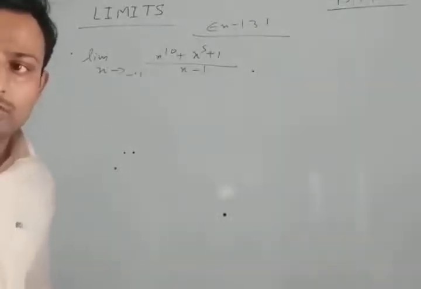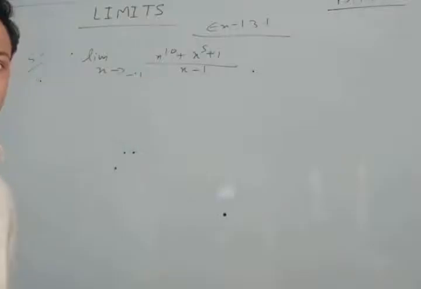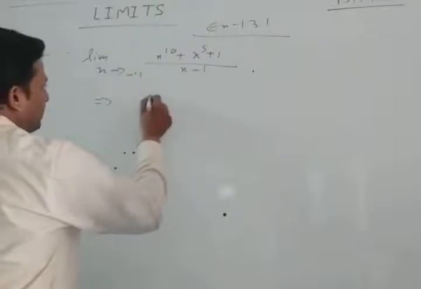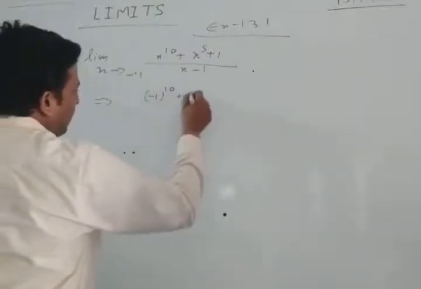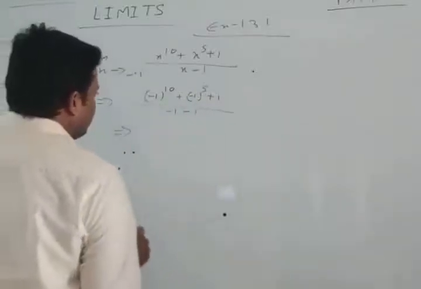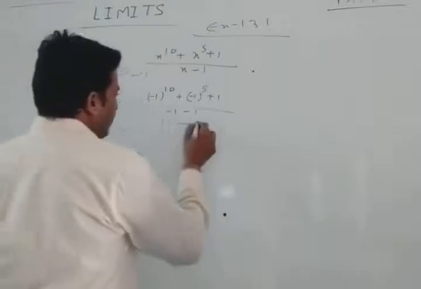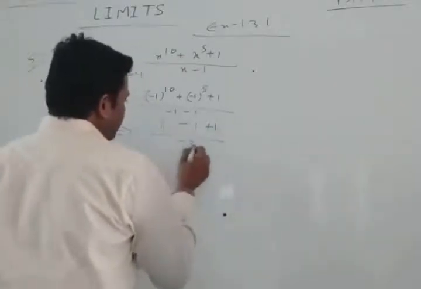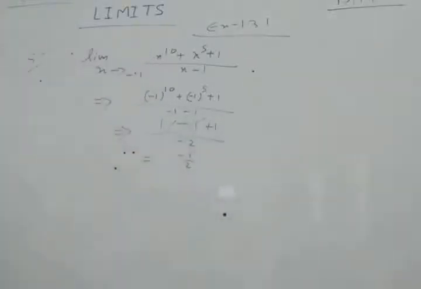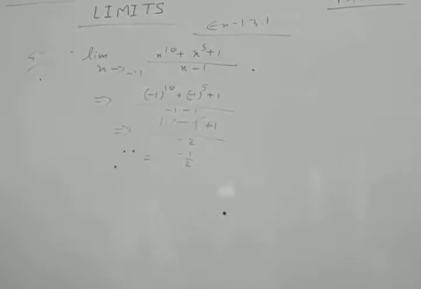What we will do, we will directly use the value of the limit and we get the result. So let's put the value of the limit, which is minus 1. So minus 1 to the power 10 plus minus 1 to the power 5 plus 1 upon minus 1 minus 1. This implies 1 minus 1 plus 1 by minus 2. Our result is minus 1 by 2. So these are very basic questions, and we can easily solve them.